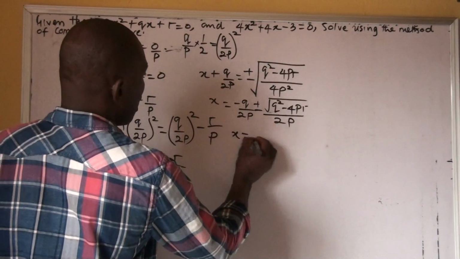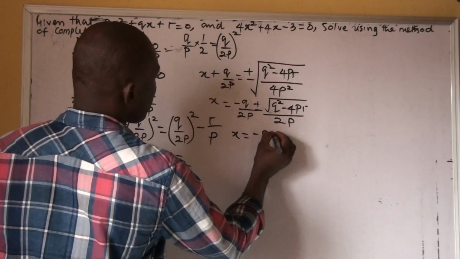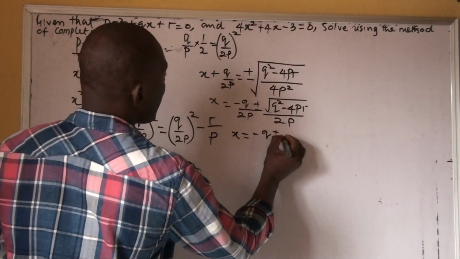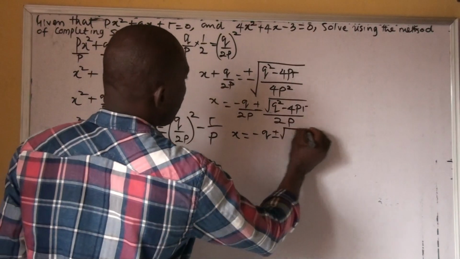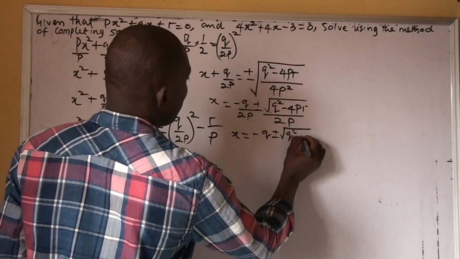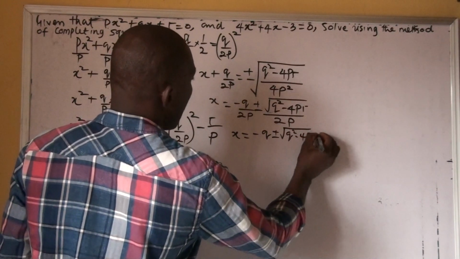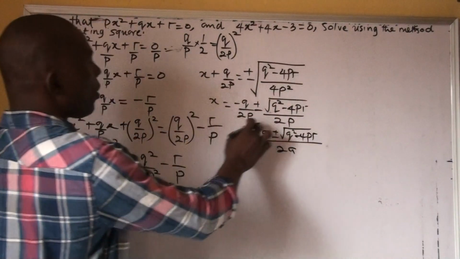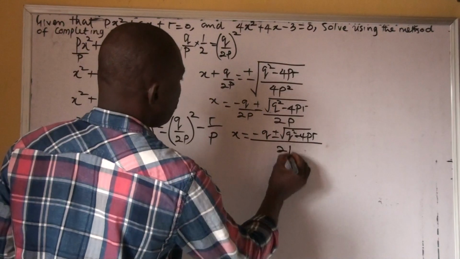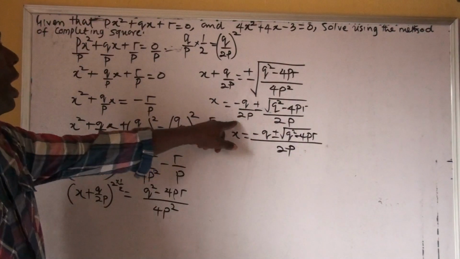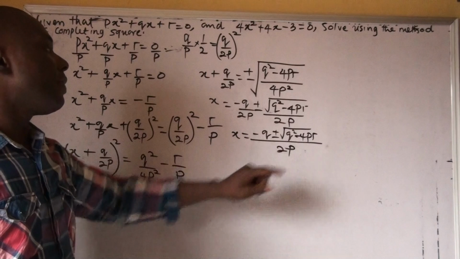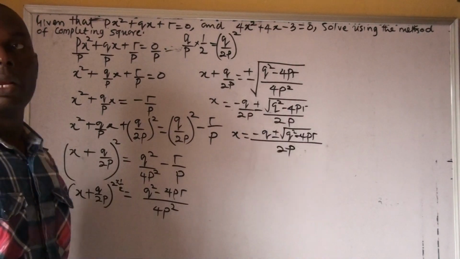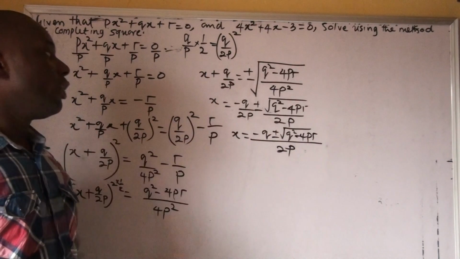x will be minus q plus or minus the square root of q square minus 4pr, everything over 2p, because the denominators are common. For that reason, the LCM will just be the value we have at the denominator.